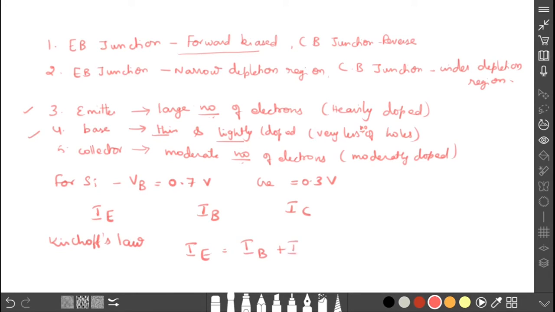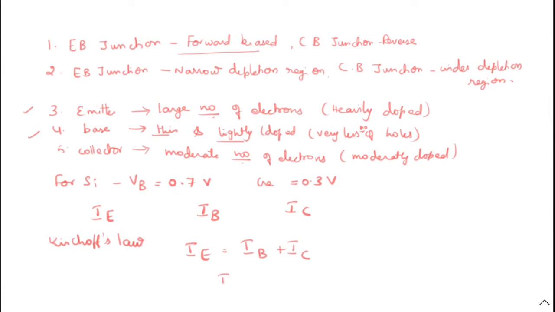As we discussed earlier, the base current IB is very small, so it can be considered almost equal to 0. So if IB becomes 0, we can write IE is equal to IC. This is what happens in the NPN transistor in the active region.